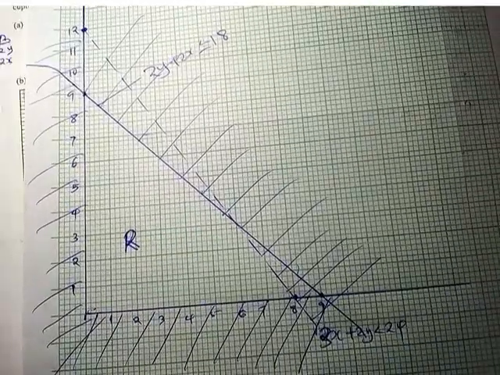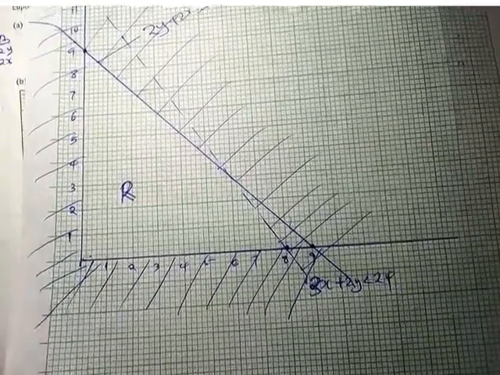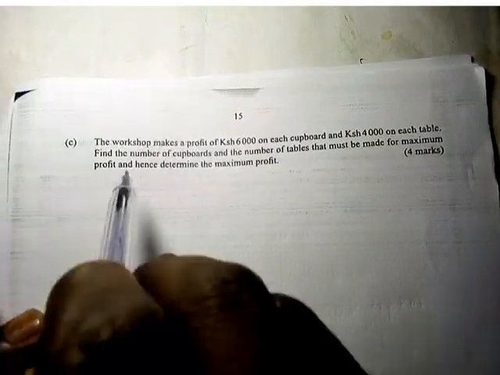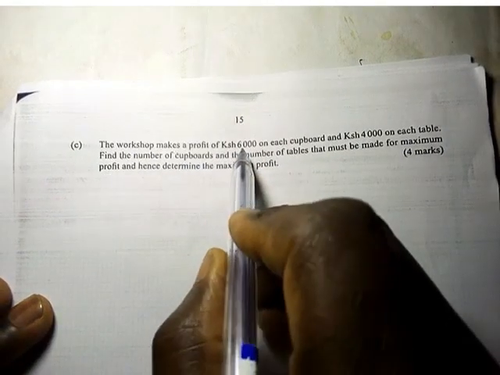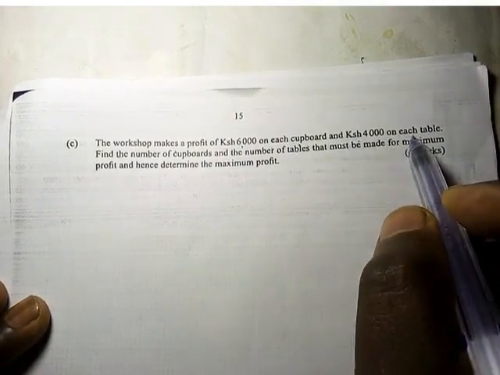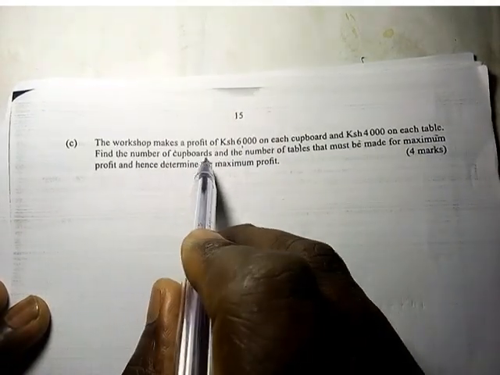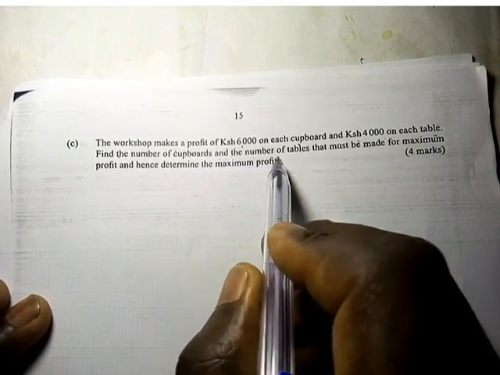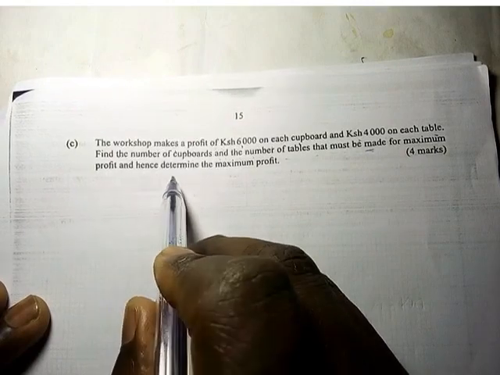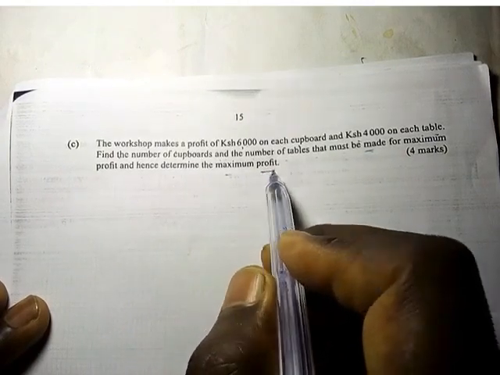So now let us go to the next question. The workshop makes a profit of 6,000 on each cupboard and 4,000 on each table. Find the number of cupboards and the number of tables that must be made for a maximum profit, hence determine the maximum profit.